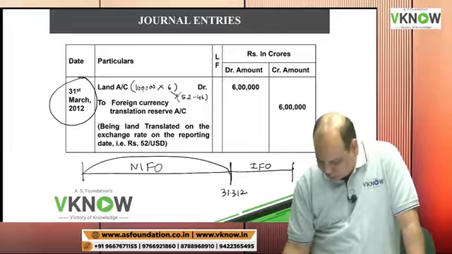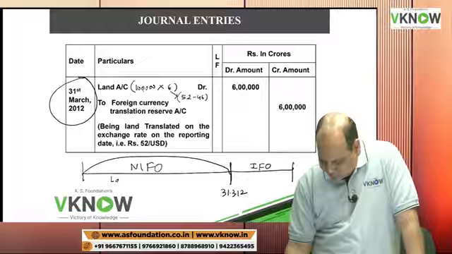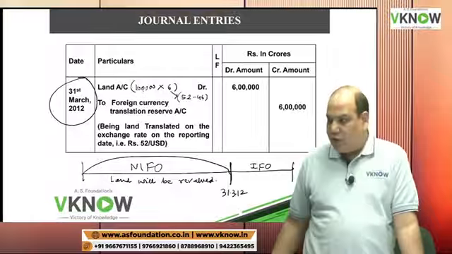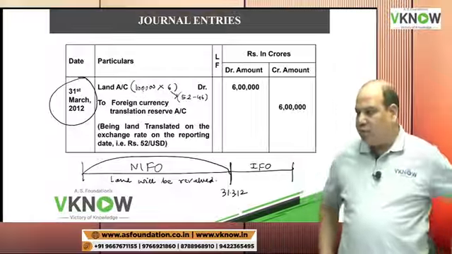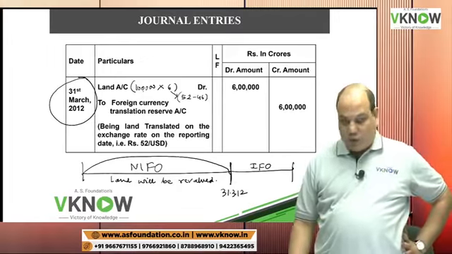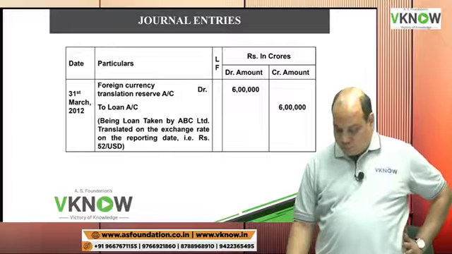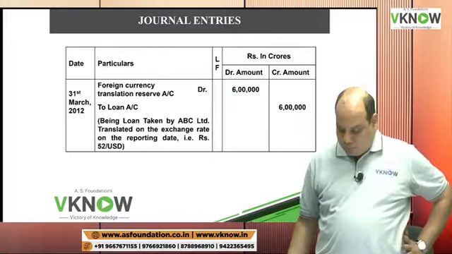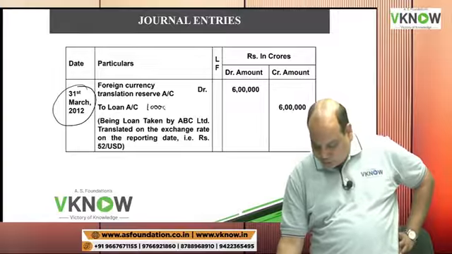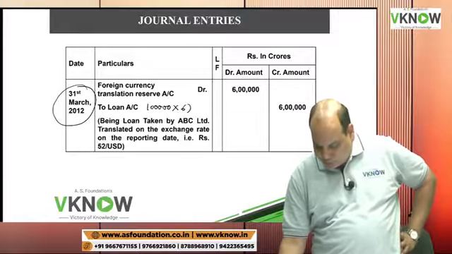So as long as it is non-integral, every year end land will be revalued at closing rate. One more item is there, loan. So write down one more entry, loan. Loan will also increase by 6 rupees per dollar.